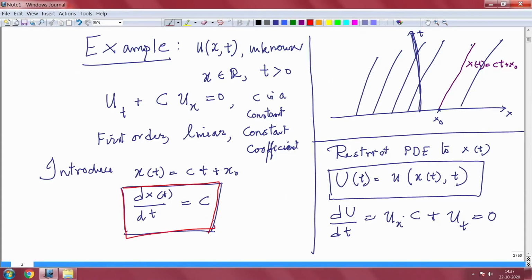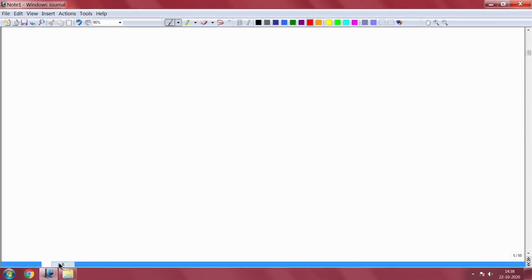So, you have basically solved two ODEs to solve your PDE. One ODE is solved to get the characteristic curves, another ODE is solved to get the property of the solution, which is that the solution is constant along the characteristic curve. So, let us go to the next one.